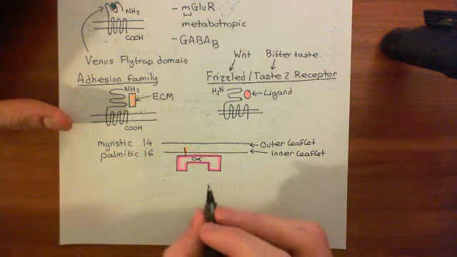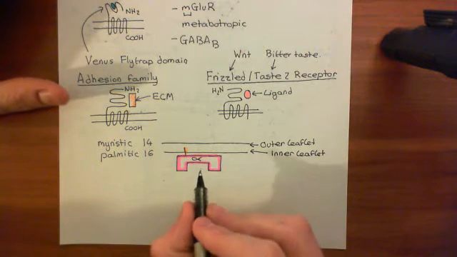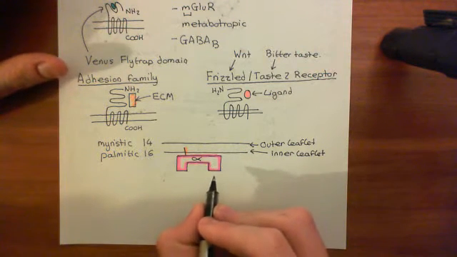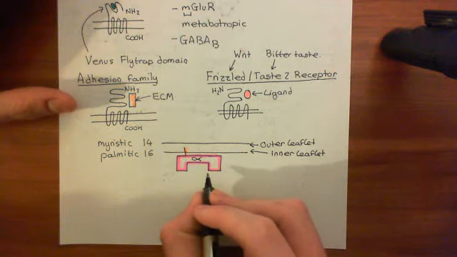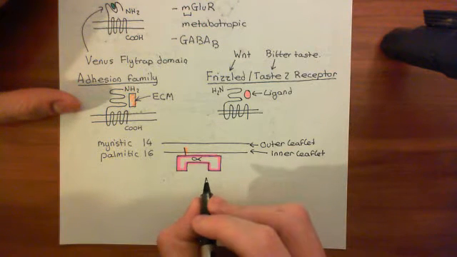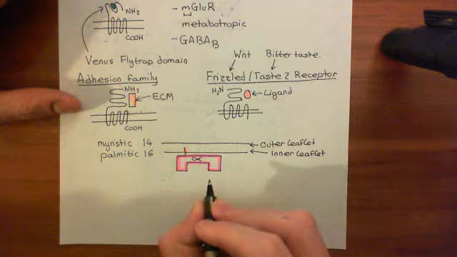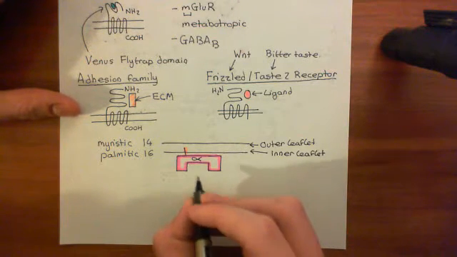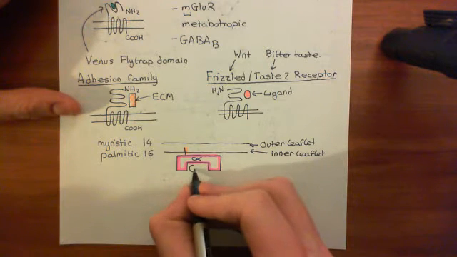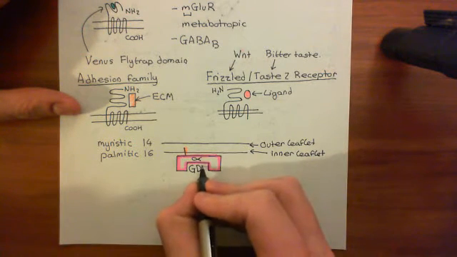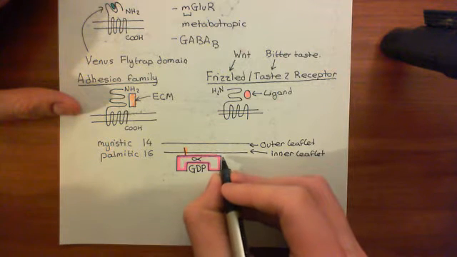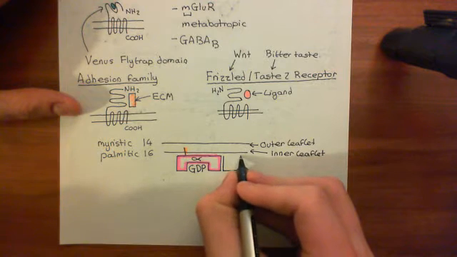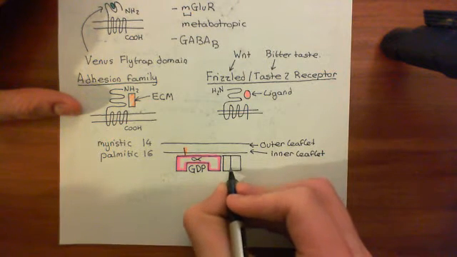Right. Now, alpha subunits can be in 2 states. They can either be in an on state or an off state. In the on state they have guanosine triphosphate, GTP, bound to them, and in the off state they have guanosine diphosphate, GDP, bound to them. Now in the off state, when they have GDP bound, the alpha subunit will associate with 2 other subunits, and these other 2 subunits always remain together in a complex.